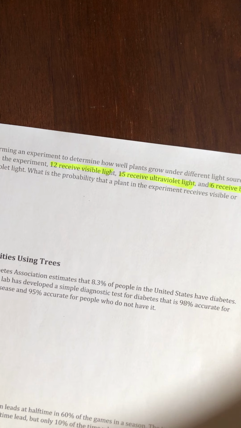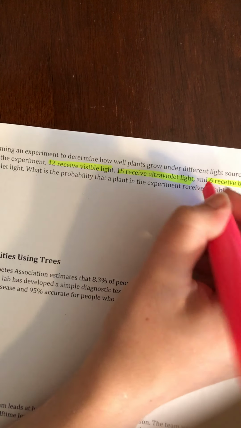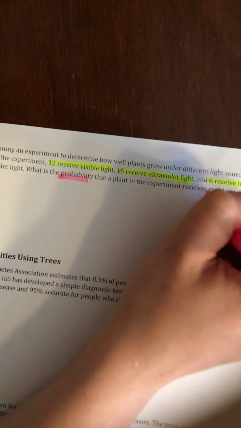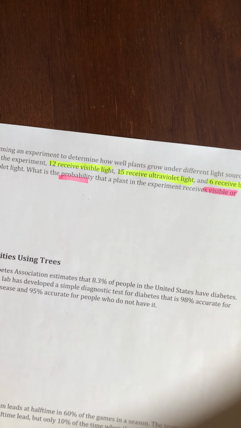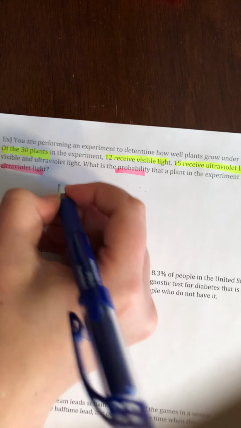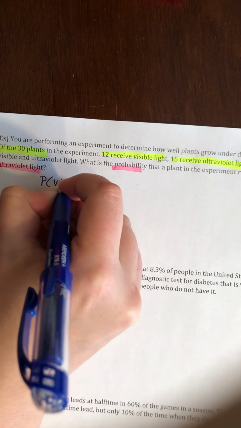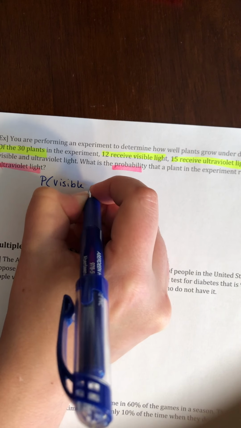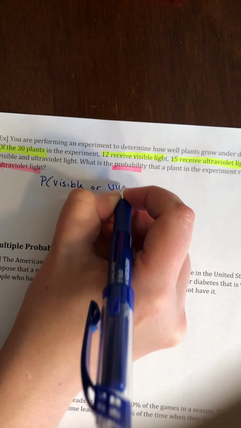So what is the probability? So what it's asking is the probability it receives visible or ultraviolet light. So probability of visible or ultraviolet.